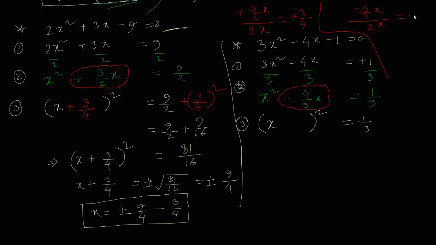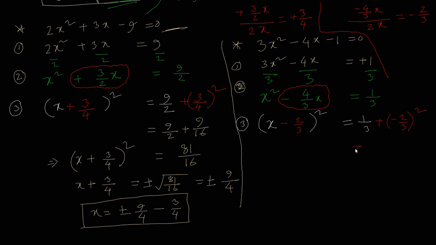So I am left with negative 4 over 6, which is actually negative 2 over 3. Now I'm going to write here negative 2 over 3, and I'm also going to add negative 2 over 3 square.